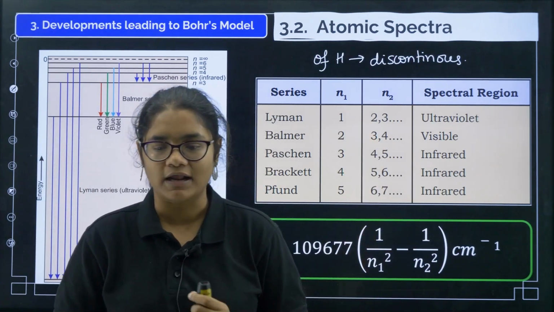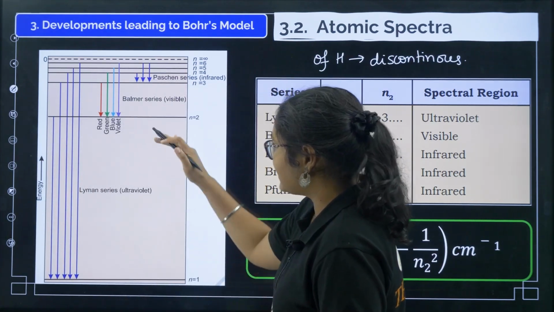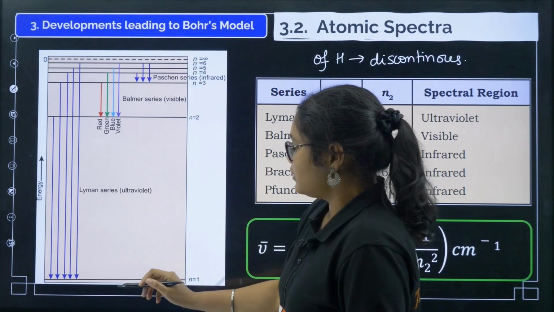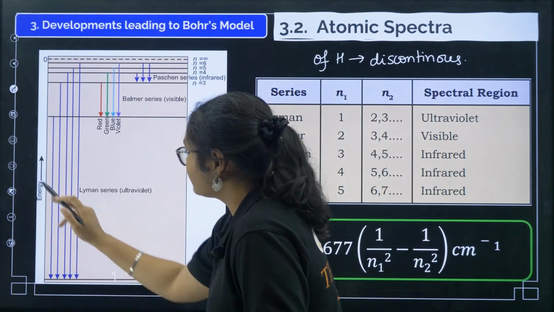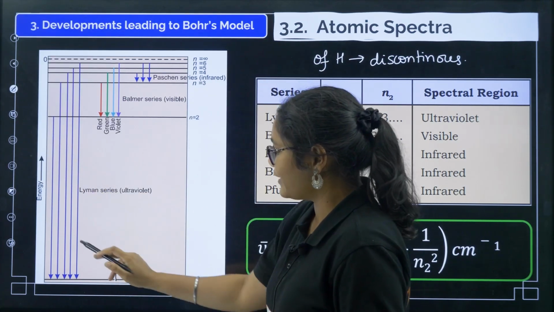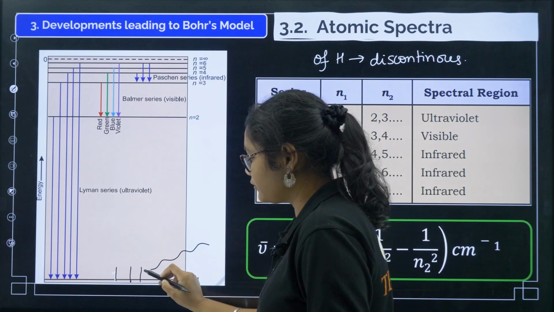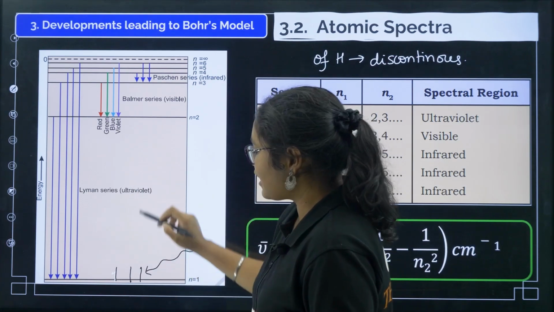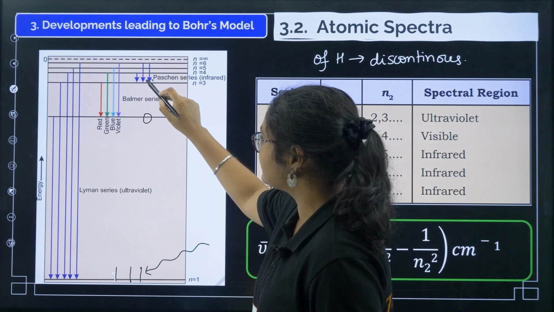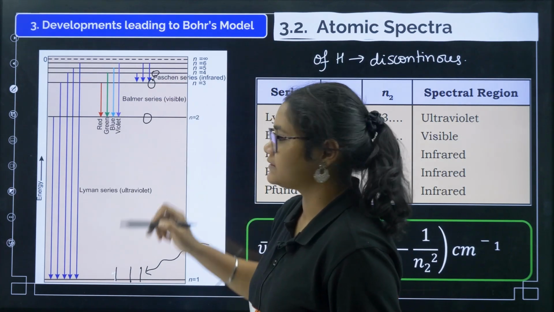And in hydrogen what happens? See, there are different energy levels, n1, n2, n3, n4. Suppose an electron is present here. Now when you give energy to this electron, based on how much energy it is absorbing, it can go either to this level or to this level or to this level, like this.